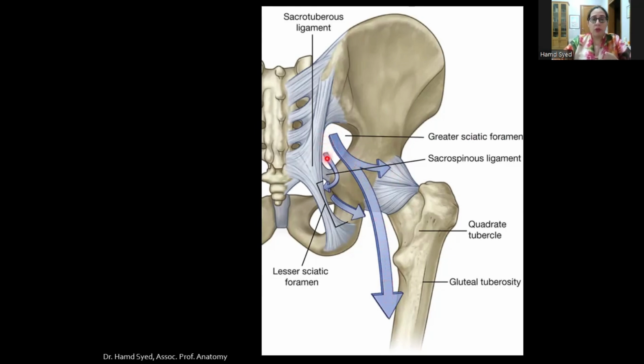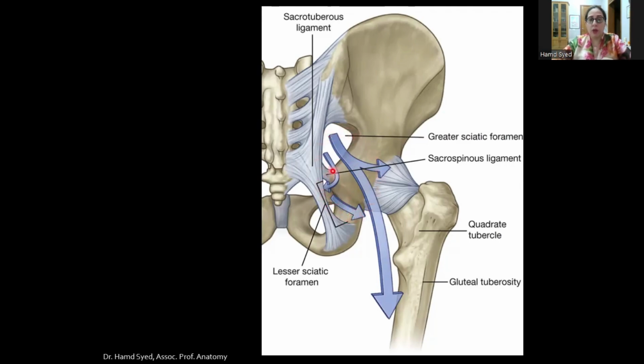Then among the structures passing through the greater sciatic foramen are also some which, although they leave the pelvic cavity, then re-enter the perineum through the lesser sciatic foramen. We just mentioned those structures: the pudendal nerve, internal pudendal vessels, and the nerve to obturator internus. And then the structure which is leaving the perineum through the lesser sciatic foramen is the tendon of the obturator internus.